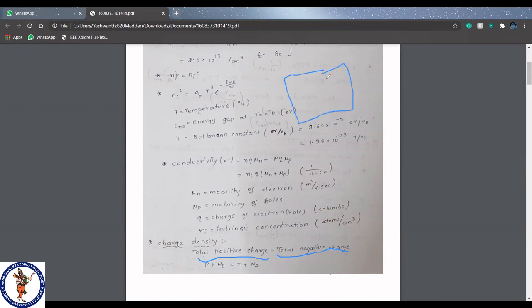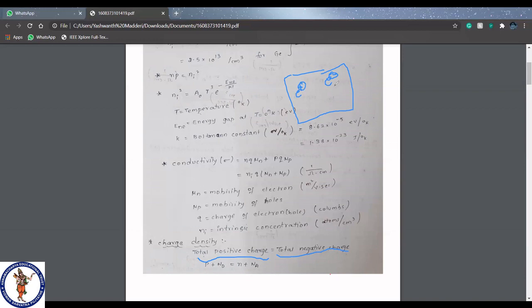As we all know, an electron has a negative charge and a hole has a positive charge.